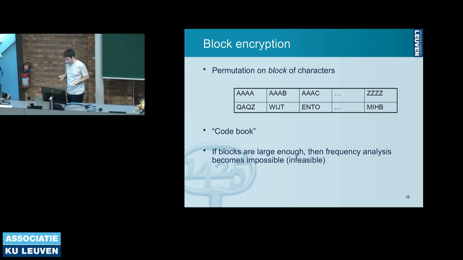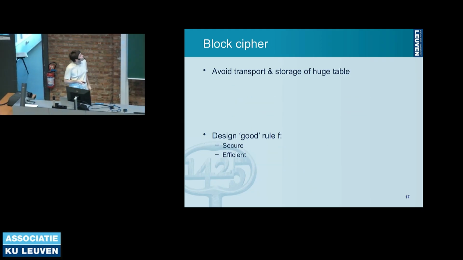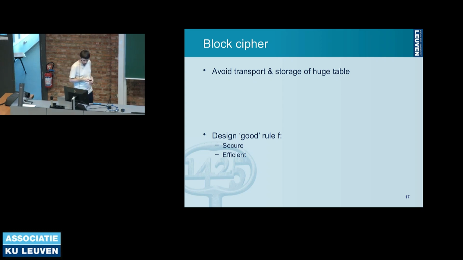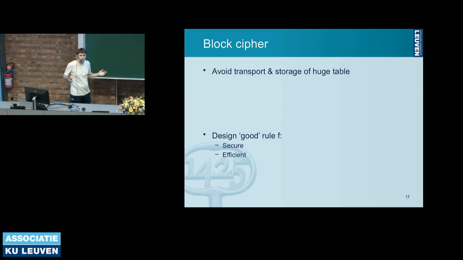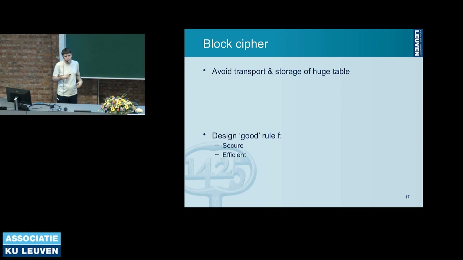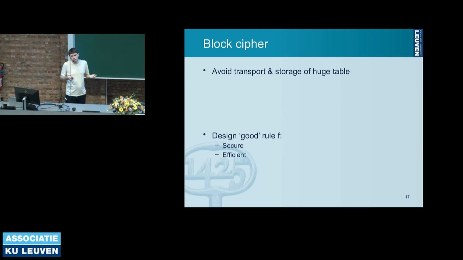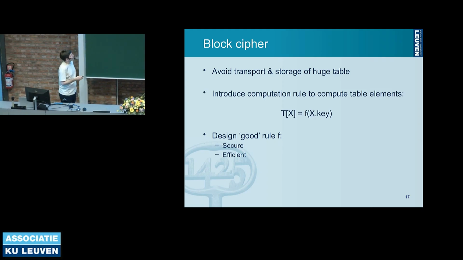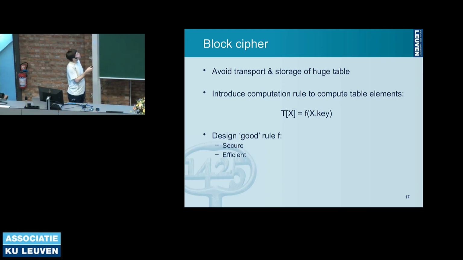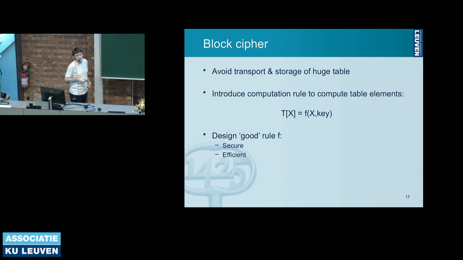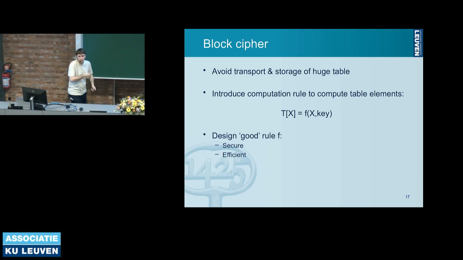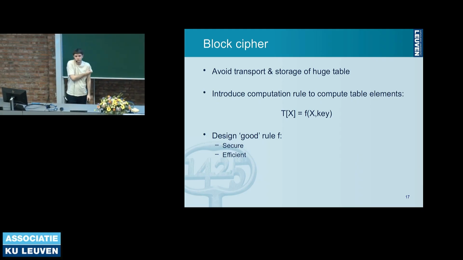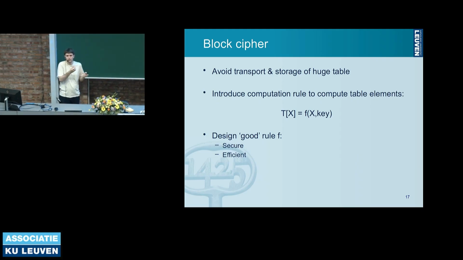And so the modern solution to that is that instead of storing this huge table, you actually make an algorithm that replaces this table. So basically, we have now only a short key. And then based on this short key, we try to compute the corresponding entry of this table with some algorithm.